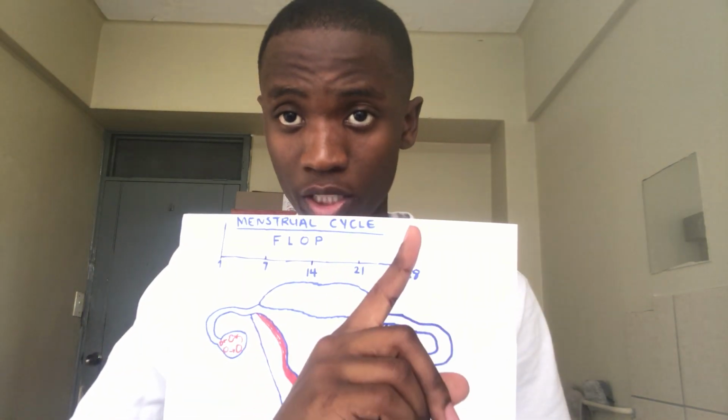The other thing that you have to know is that there will be no FSH secreted. If there is progesterone secreted by the corpus luteum, there will be no FSH.